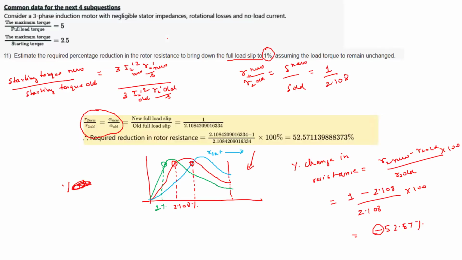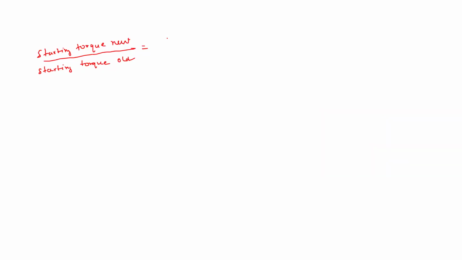If you neglect the rotational losses, it is proportional to the gross mechanical power, which is nothing but air gap power into 1 minus slip new, by air gap power old into 1 minus slip old.